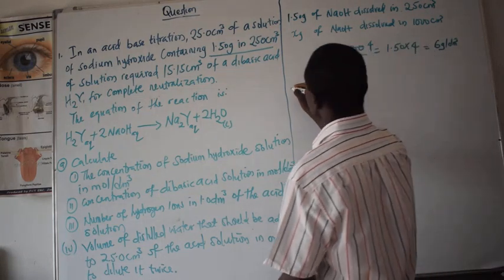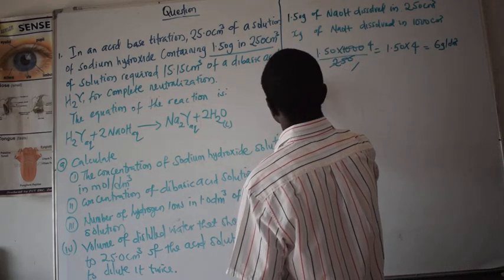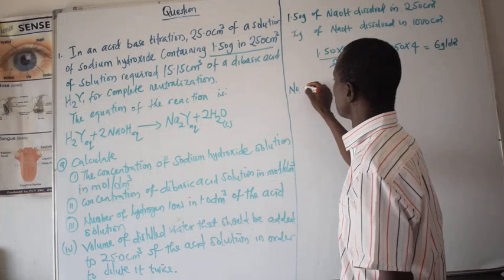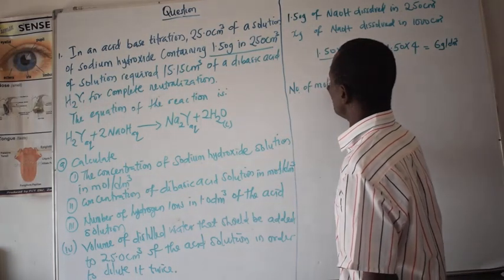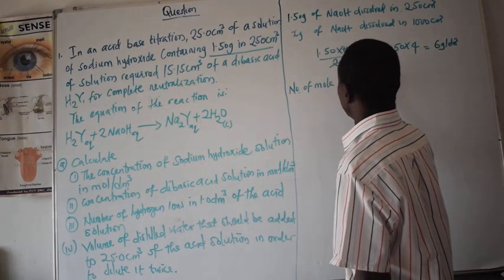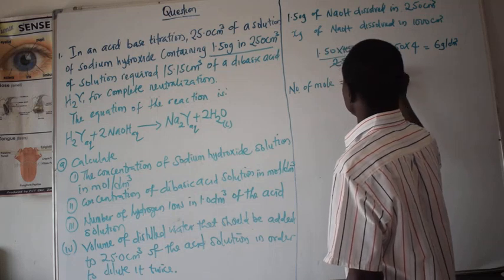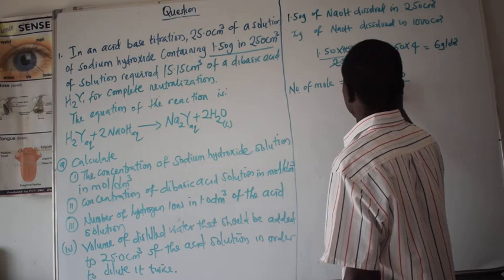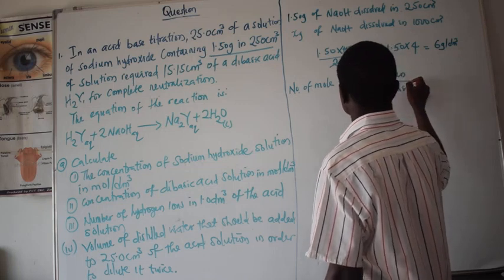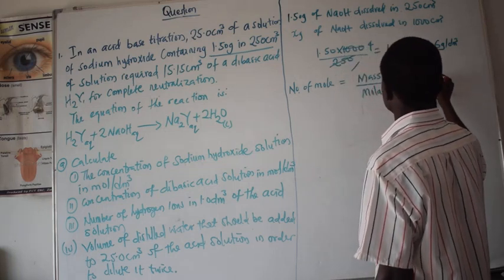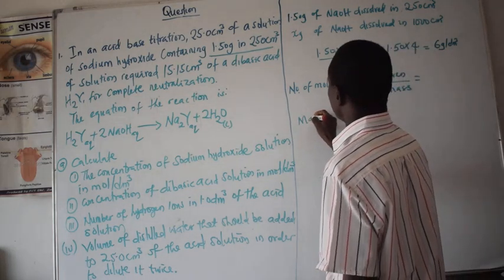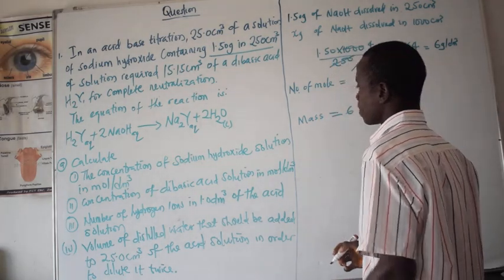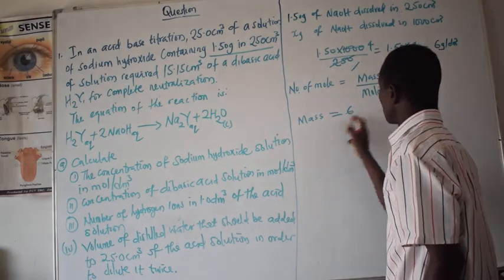Now we can use our formula to calculate the concentration in mole per dm³. Number of mole is equal to mass given over molar mass. The mass given to us is 6. We are looking for the molar mass of sodium hydroxide.